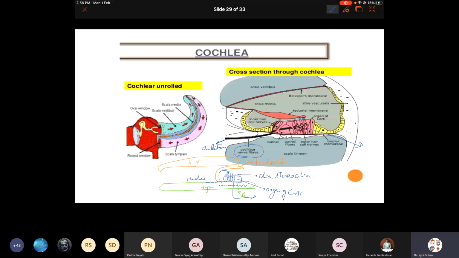Above the organ of Corti, there is a tectorial membrane. Tectorial membrane, organ of Corti, cilia, everything is present in which chamber? Who will answer this? Which chamber?